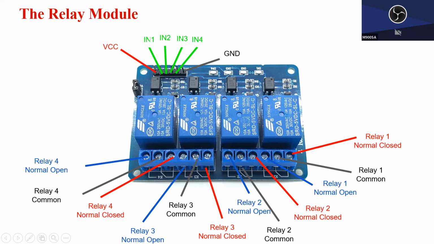Either you choose normal open or normal closed, but the common port you always need to connect. So normally we only use two out of 3 ports. And if I want to connect with relay 3, I need to give an electrical signal in here and route the wires, and then I choose 3 in here. That's it.